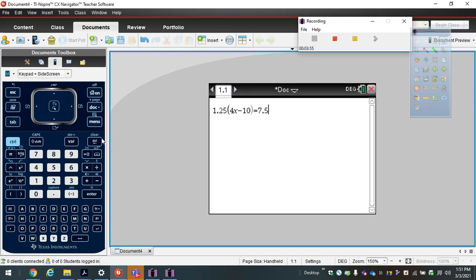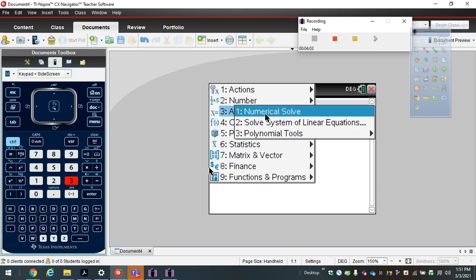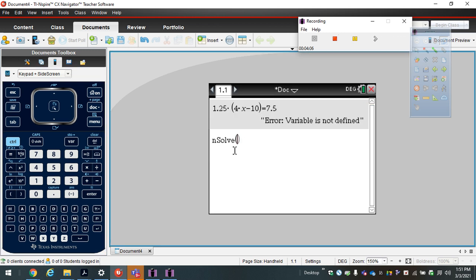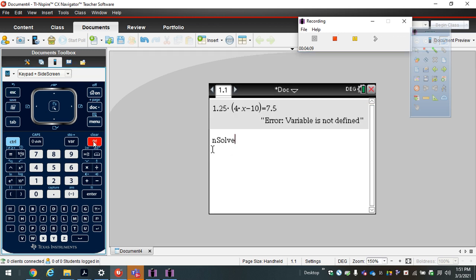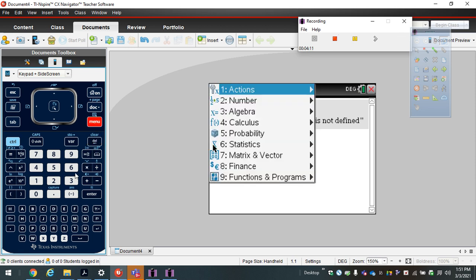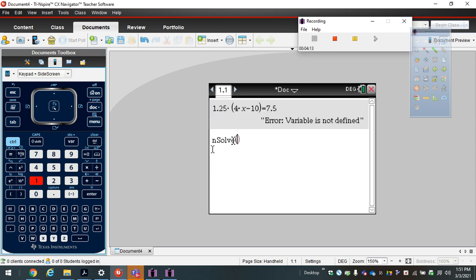I totally forgot. You're supposed to go to menu 3, numeric solve, 3, 1 again. Let me show you that again. Menu 3, 1. And then you put that in there: 0.25 parentheses for x minus 10, parentheses equals 7.5.